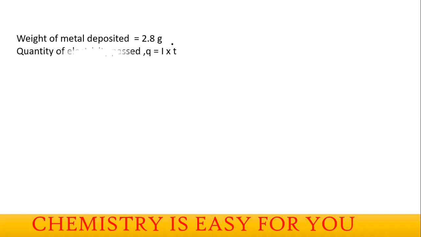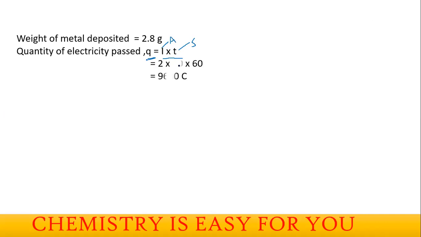Now let's see how we get that answer. First of all, the weight of metal deposited is 2.8 gram. The quantity of electricity Q, which is in coulombs, will be current into time in seconds. Remember, the time should be in seconds, the current in ampere, and the answer would be in coulomb.